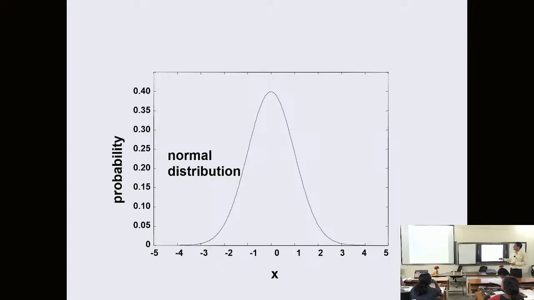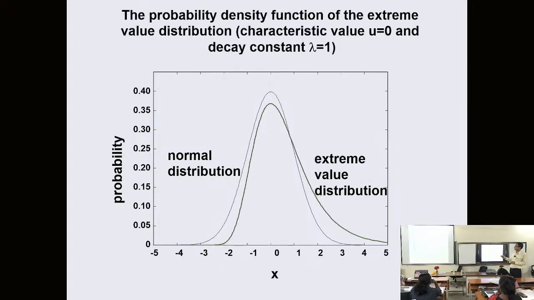Now you know about normal distribution, standard distribution, right? So the score from local alignment follows the extreme value distribution. You can see that with the normal distribution, which is this, the tail decays faster, right? Decays more sharply than with the extreme value distribution.